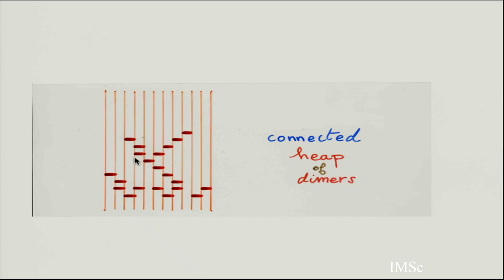Connected heaps means that there is no empty column. You have no column which is empty with some diamonds on the left and on the right. Or you can say, if you take the projection of the vertices, it is the vertices can project on the segment 0n, but maybe it's not connected.